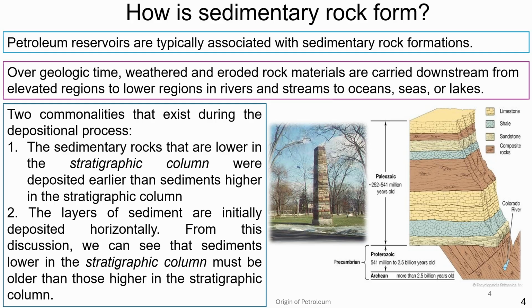Second, sediment layers are initially deposited horizontally. And yes, this slide says gasoline is too expensive, as a funny reminder that before we worry about fuel prices, we should first understand how petroleum-bearing rocks formed in the first place.